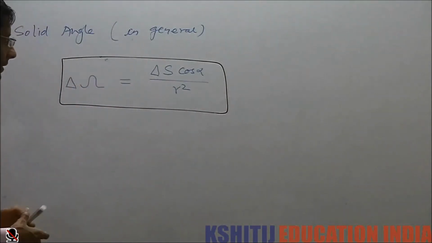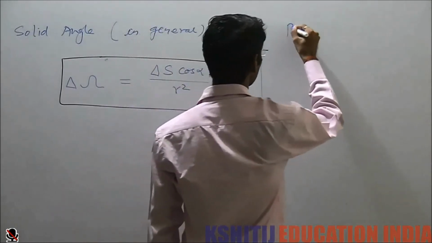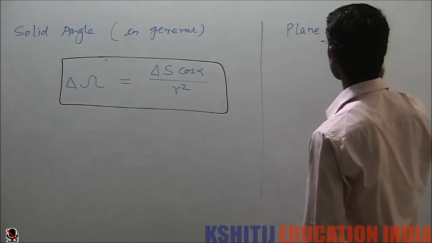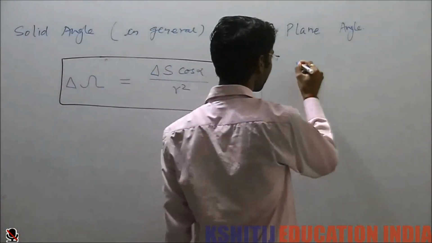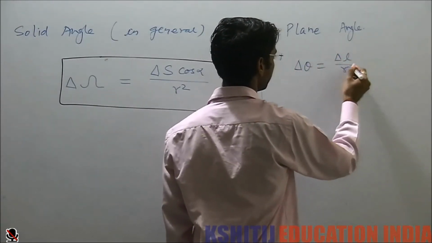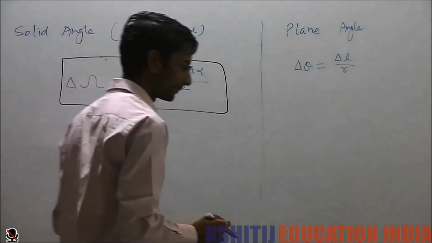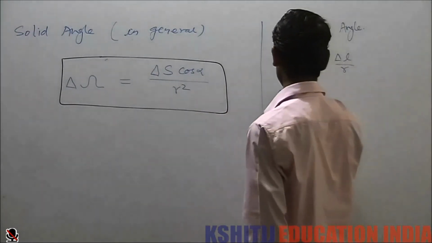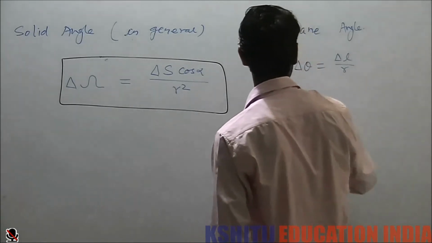Again, we need to compare it with the plane angle. In plane angle, we discussed that delta theta is delta L by R. Now, if the curve is closed, let me talk about this.